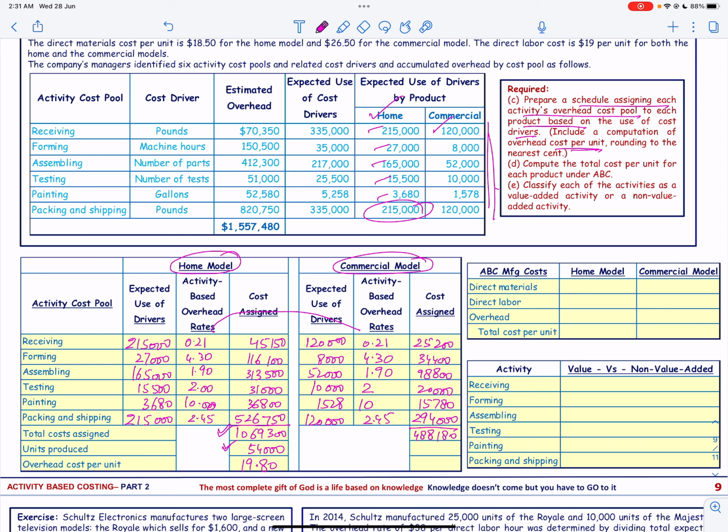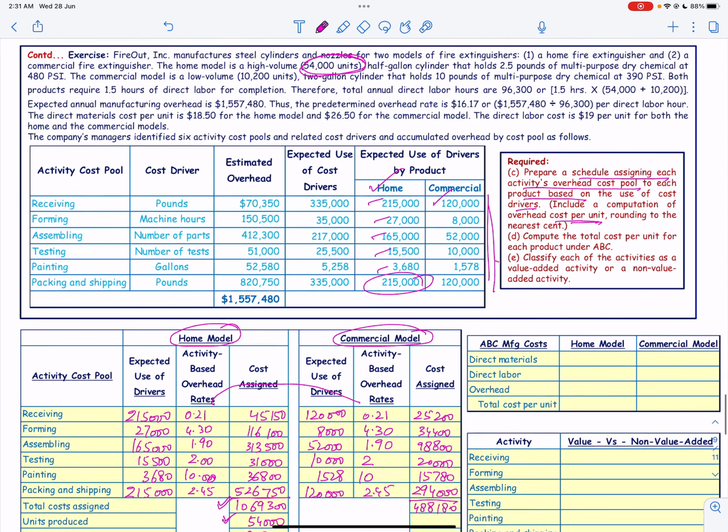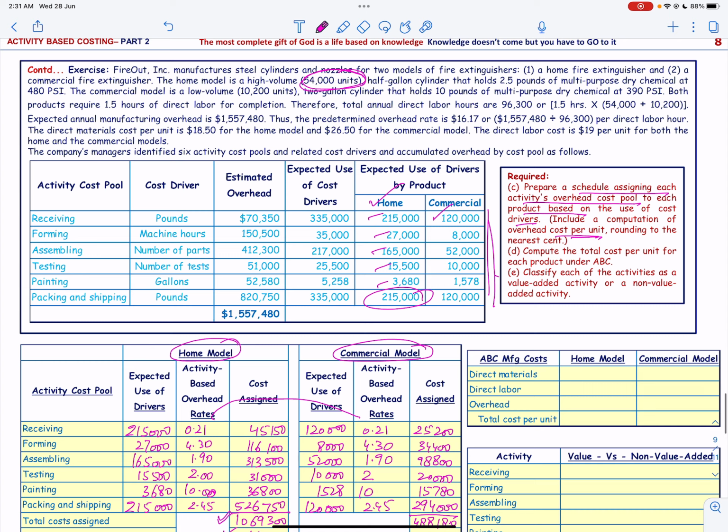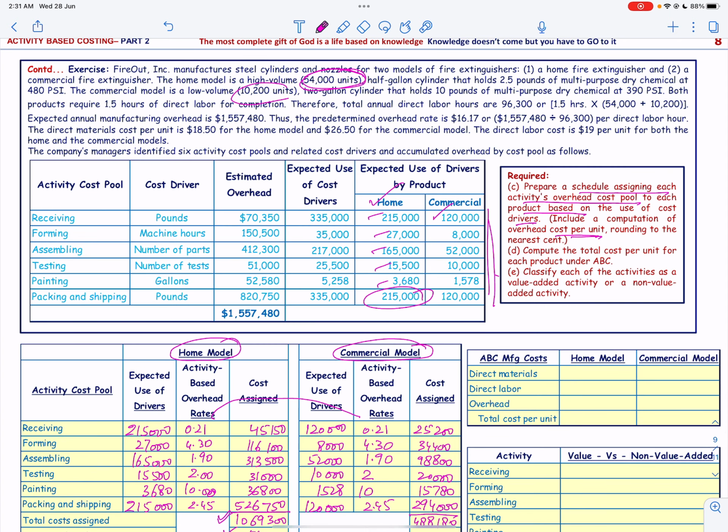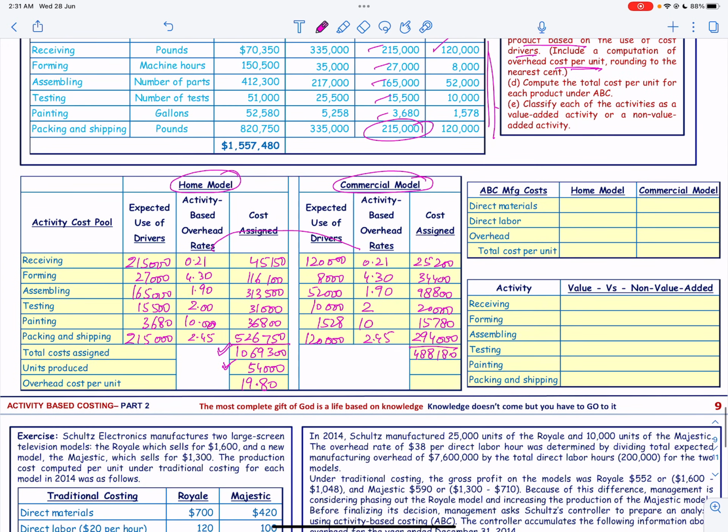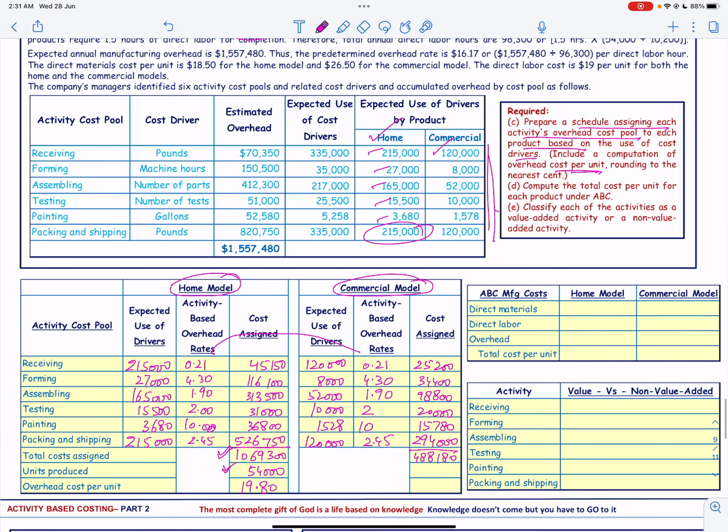Now the units produced for the commercial model is 10,200, and the overhead cost per unit will be 488,180 divided by 10,200, and this will be equal to 47.86. So this completes our part C, and we move on to part D.